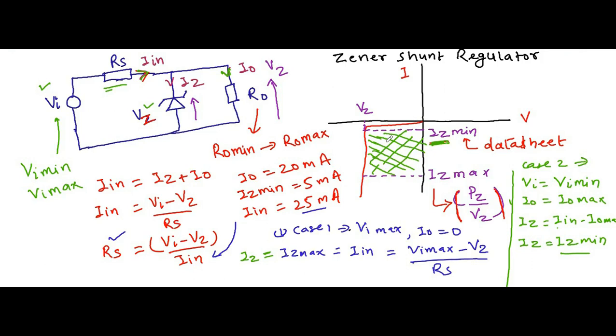Make sure that whatever Zener diode you select, you define the operating current region based on the power rating. Otherwise your Zener diode will get hot, and sometimes it might get damaged as well. So this is the basic concept of the Zener diode.